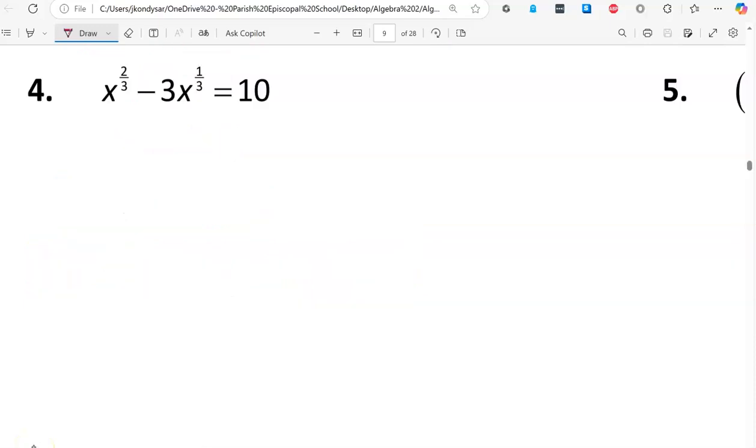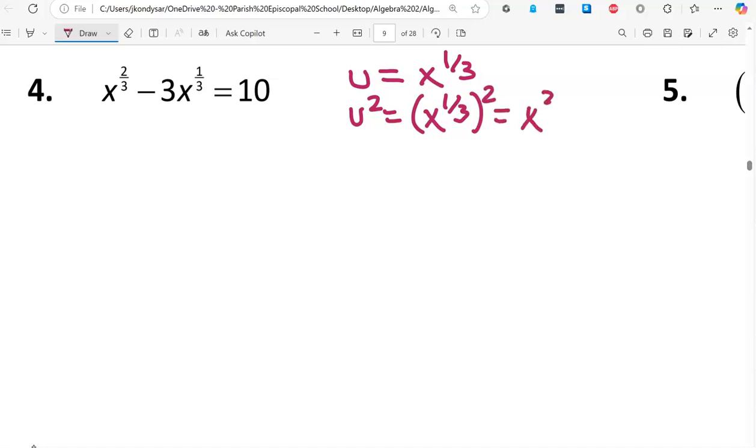In 4, we have 2 exponents, one which is twice the other. So if we let u equal x to the 1/3, then u squared will be equal to x to the 1/3, the quantity squared, which is x to the 2/3. Making that substitution, we have u squared minus 3u equals 10.